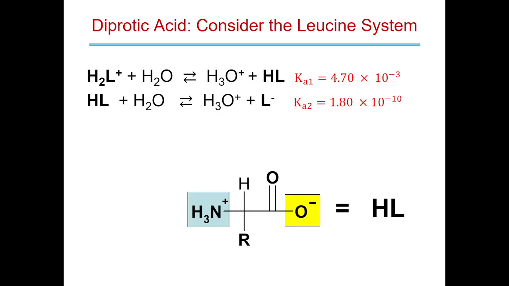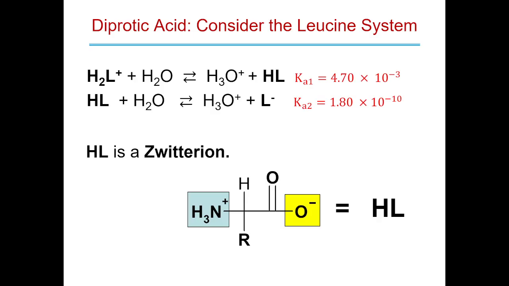Okay? But some of them are less and some of them are more. You can have factors of 1,000, factors of a billion difference. This is mostly due to things like the fact that this one's charged, right? So this first one comes off really easy. The second one is no longer charged. It comes off much more difficultly. That making sense?